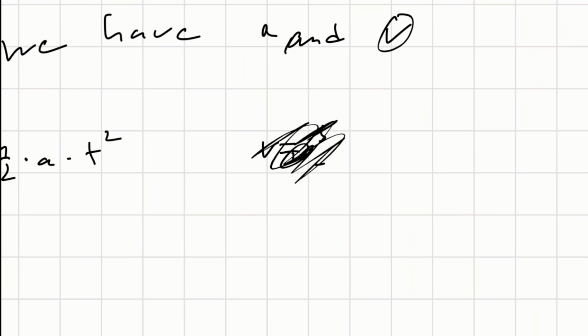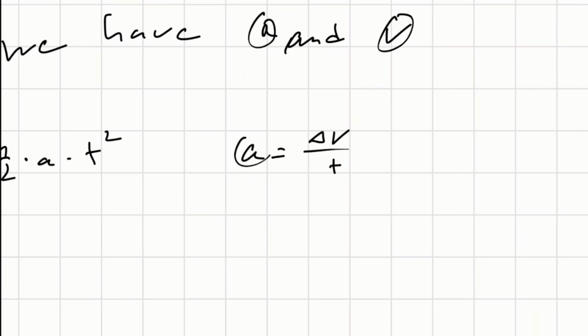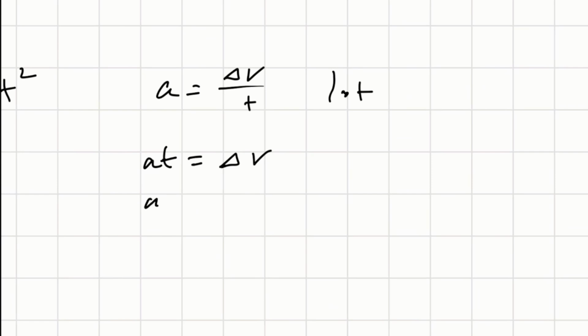We know that a is nothing else than delta speed divided by delta time, or let's say just time. And now we have all three components. The only thing we do is multiply by t. So we get a t equals delta speed, and therefore we get this here.